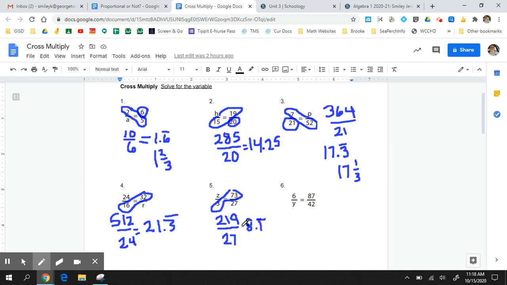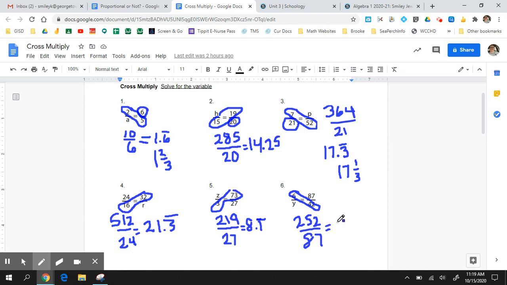Let me make that line a little bigger. Alrighty. The last one, you should have done 6 times 42, and got 252. And then divide by 87. I do have to say, on your Schoology, there will be some that work out completely nice, no decimals, and there will be some that will have the decimals.